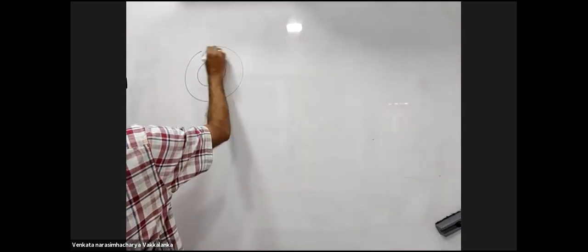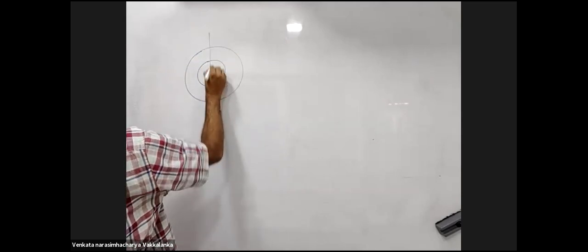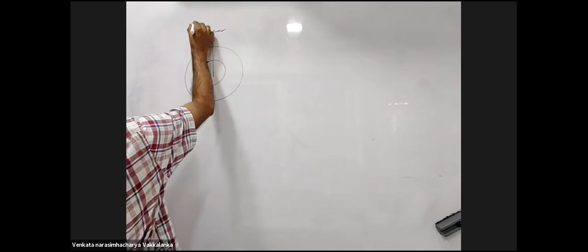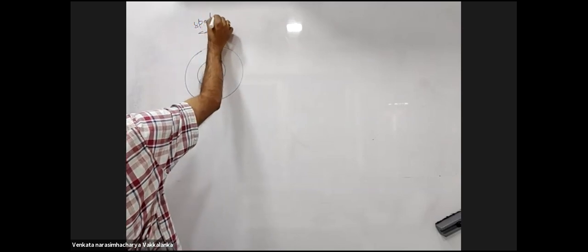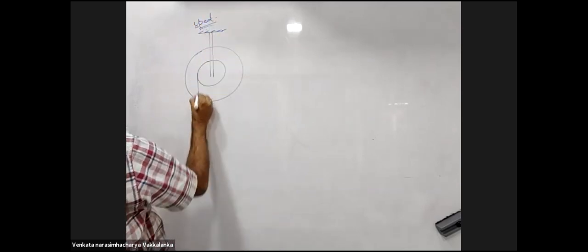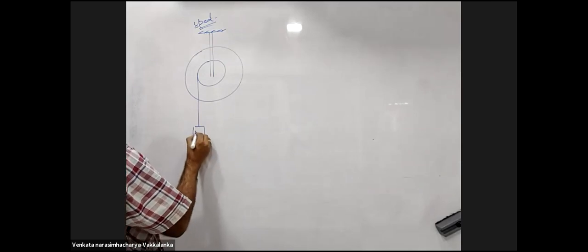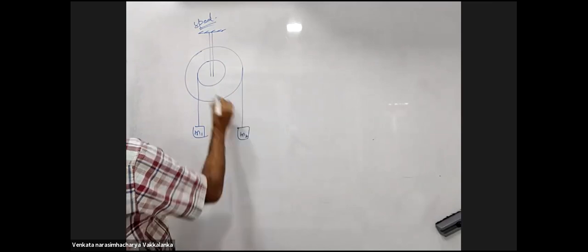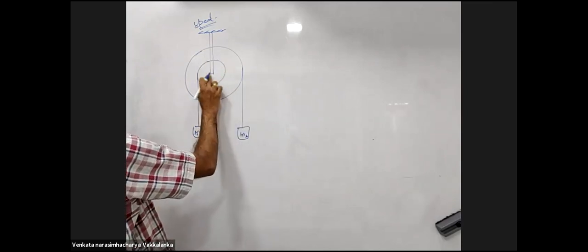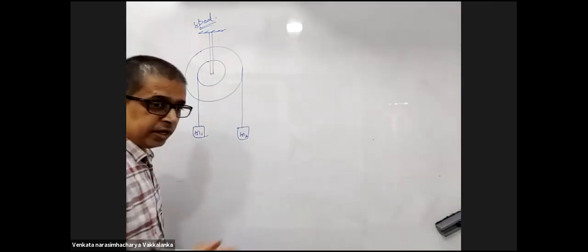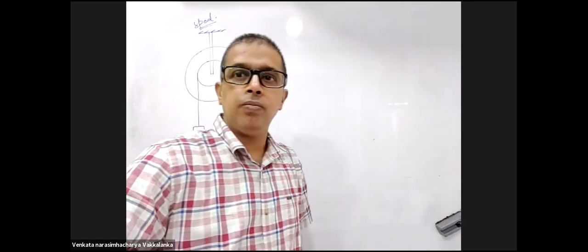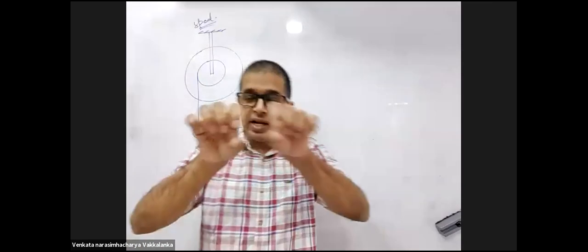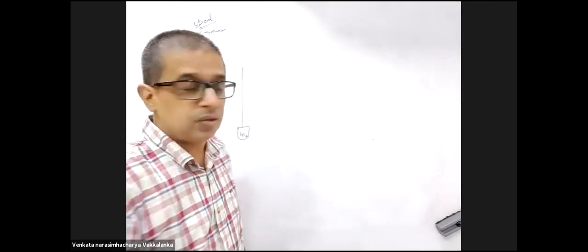This is a spool. I have M1 mass here and M2 mass here, hanging on two sides. Spool, I just showed you the video. There will be an inner radius and outer radius.